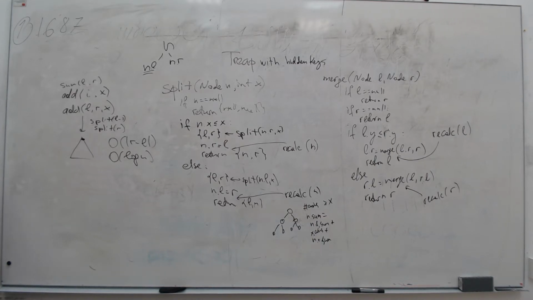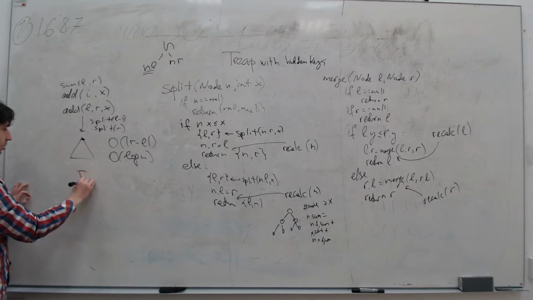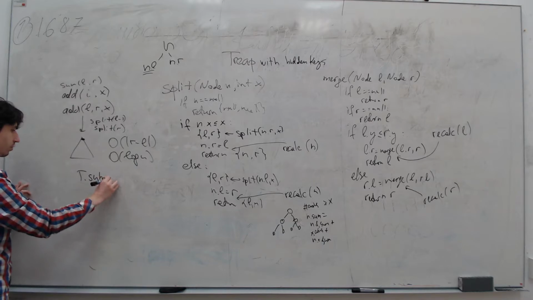Can we somehow play with the sum, like on the top, multiply it by x and then go down? Yeah, this is exactly what we want to do. We want to say t.sum plus equals.